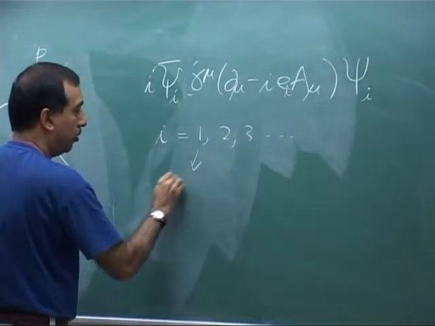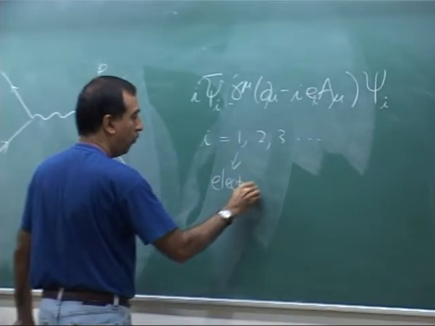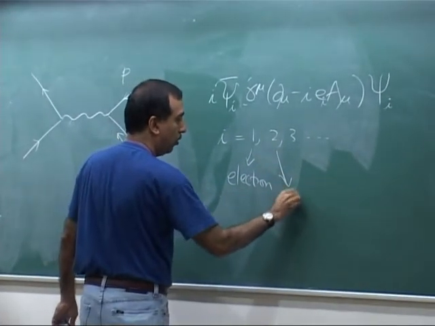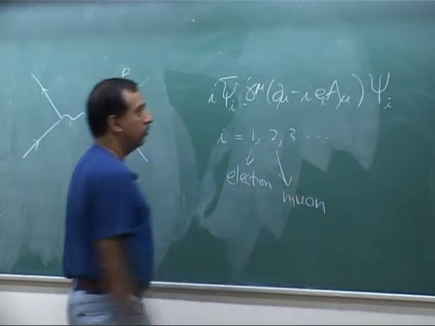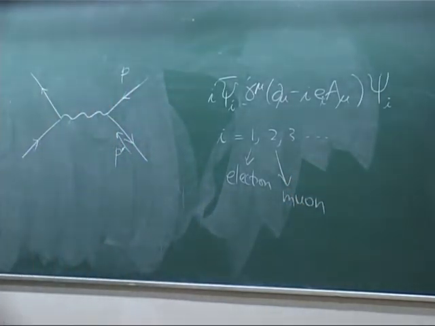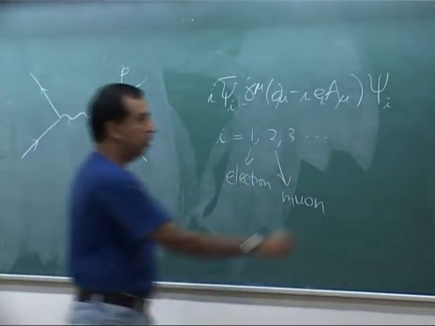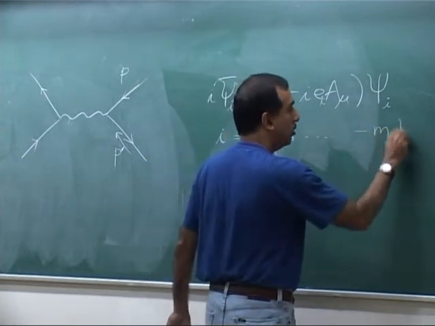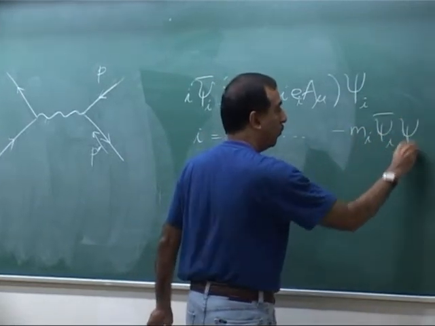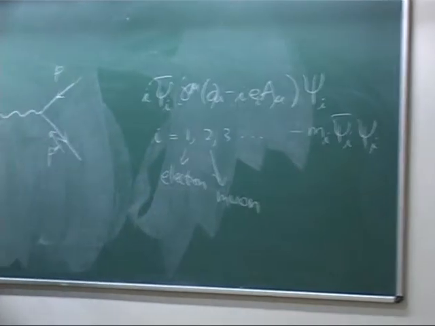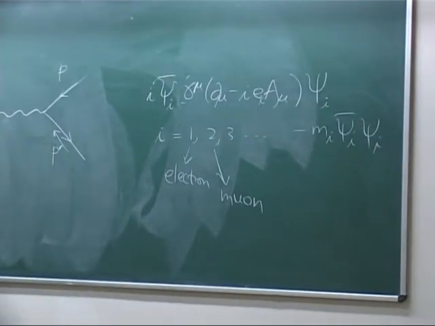So this could be electron, this could be muon, and etc. The mass term likewise would have the i, because the masses are different for all these particles. So this is really what we mean when we talk about quantum electrodynamics. It's the coupling of the photon to all the fermions in nature.